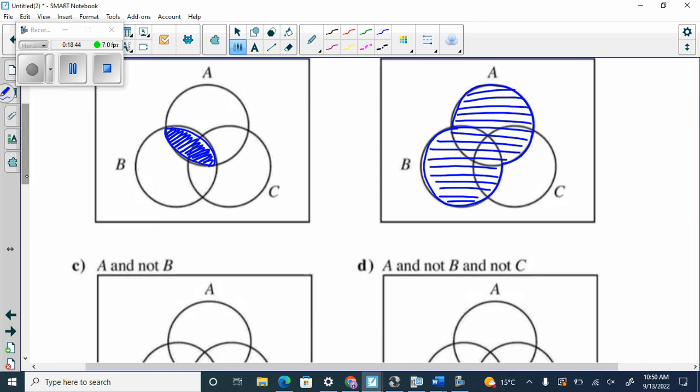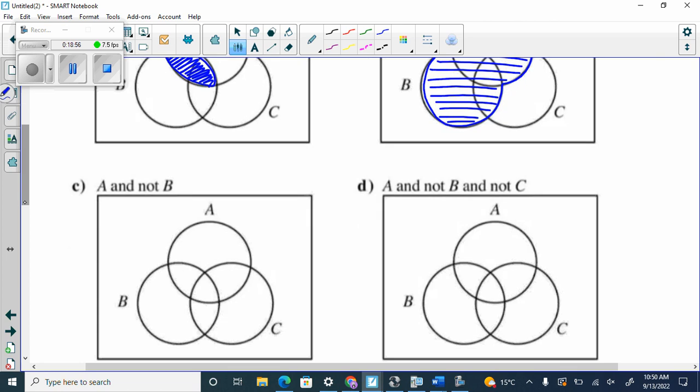Then here I want A and not B. Well, and I know is the eyeball. We agree? And is the eyeball in every Venn diagram. The catch is it's not just A and B. It's the A and B eyeball, but I'm not allowed to shade the B part. Correct? So let's watch. Don't do this because I'm going to be erasing.